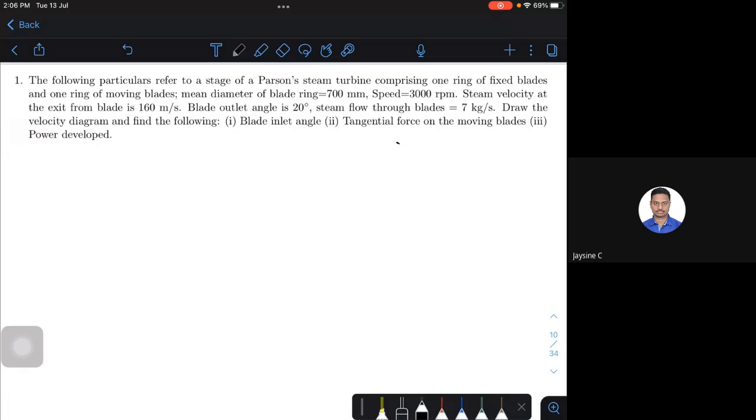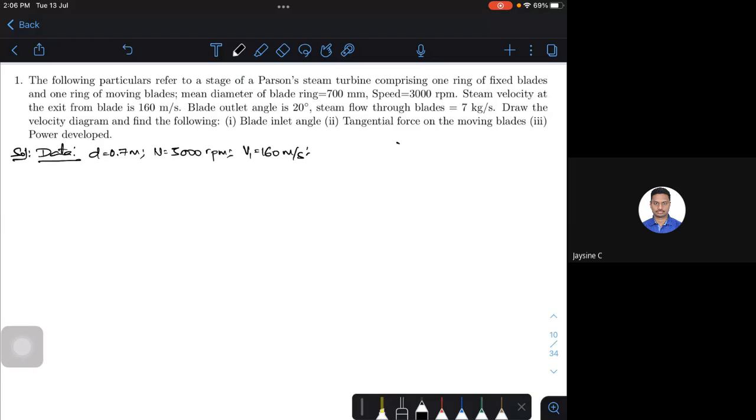So let's write what is given, the data that is given. The diameter is 0.7 meters or 700 mm, d is 0.7 meters, and speed n is equal to 3000 rpm. The steam velocity at the exit from the blade, that is your v1, is 160 meters per second.